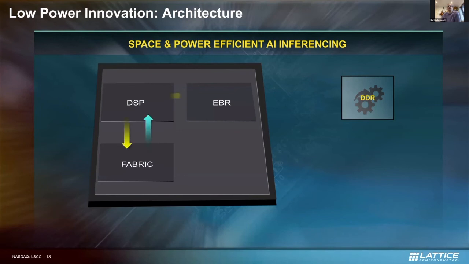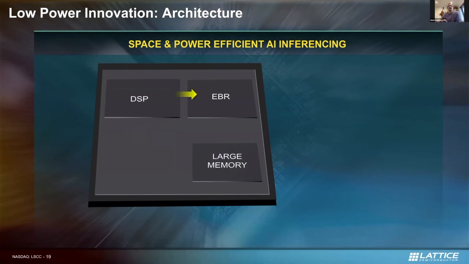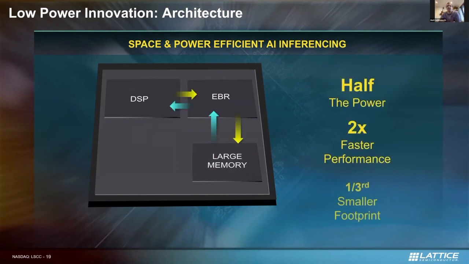Similarly, I'll skip over this in detail, but we've made some architectural choices which allow you to reduce the power. Generally speaking, you want as few external devices as possible, so we integrate as much as possible into our devices, specifically designing them for AI. So you can expect, particularly with our low-end devices, that for edge AI they're a very good fit, which is also shown by the applications that we have.